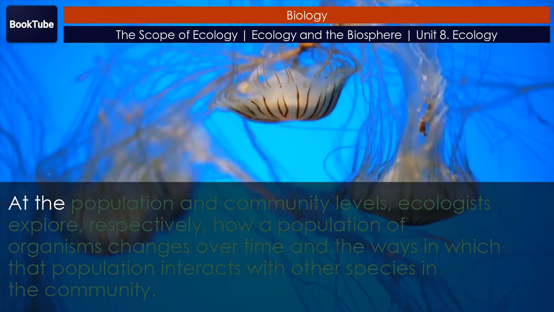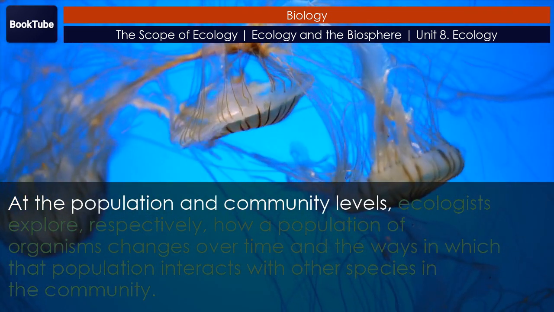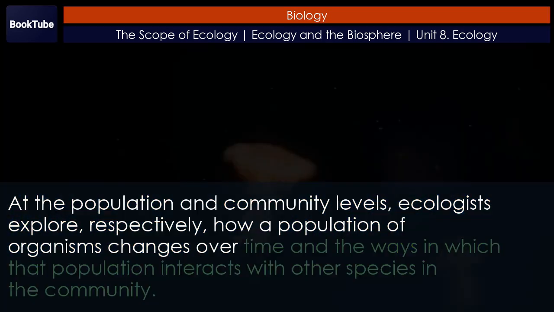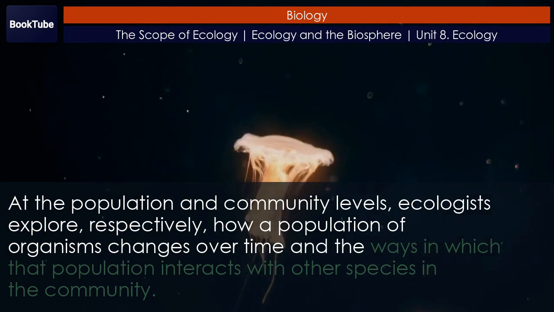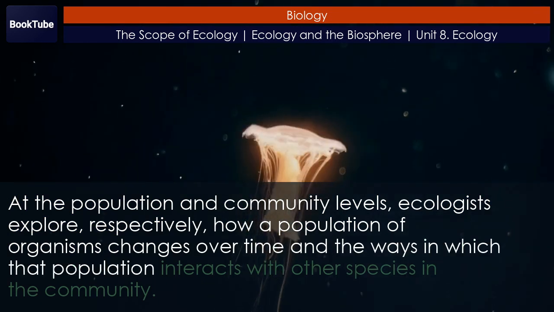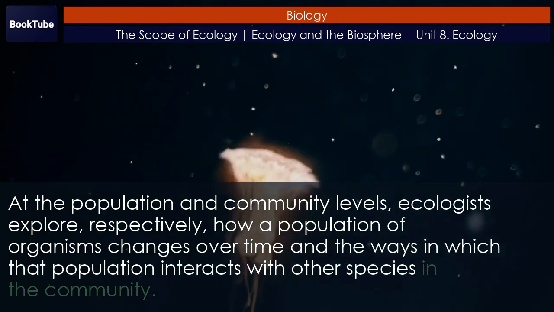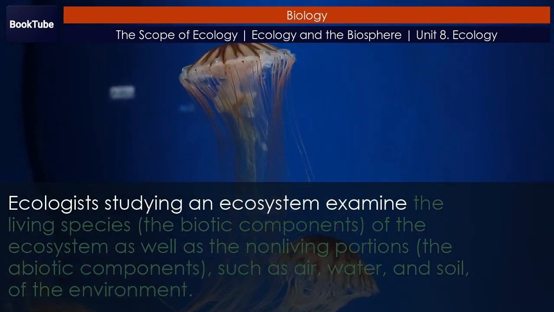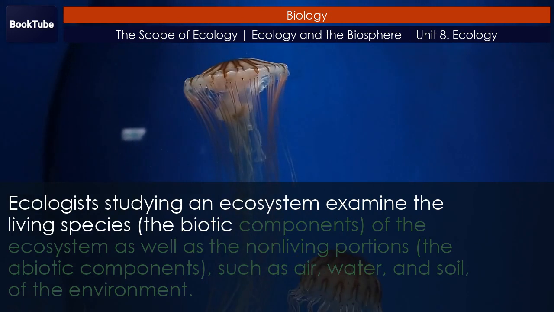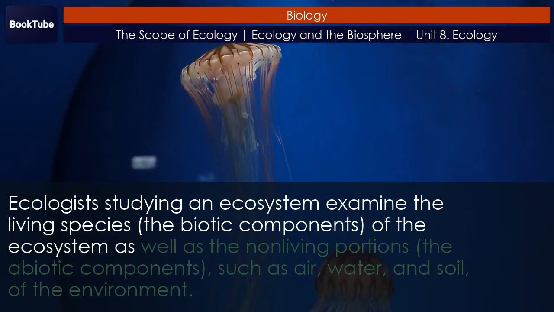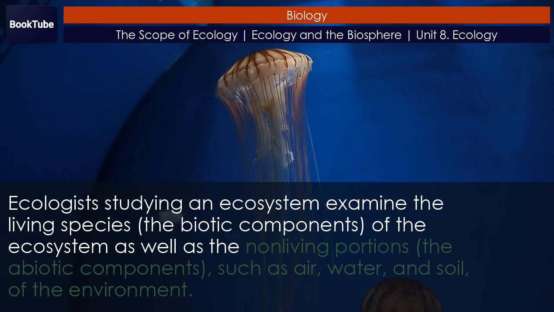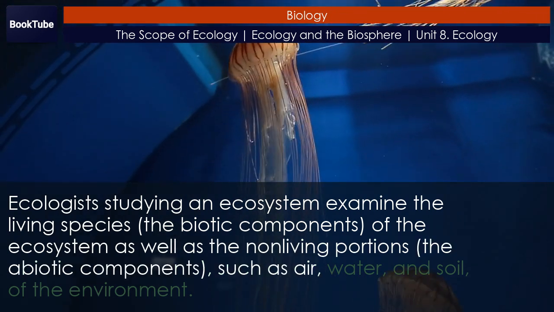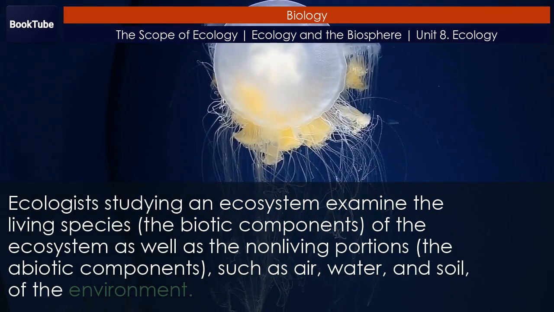At the population and community levels, ecologists explore, respectively, how a population of organisms changes over time and the ways in which that population interacts with other species in the community. Ecologists studying an ecosystem examine the living species, the biotic components of the ecosystem, as well as the non-living portions, the abiotic components, such as air, water, and soil, of the environment.